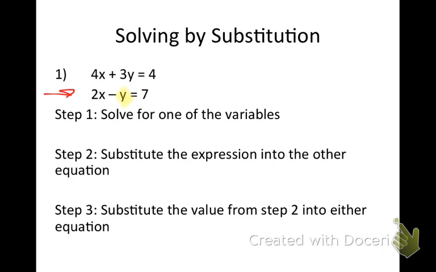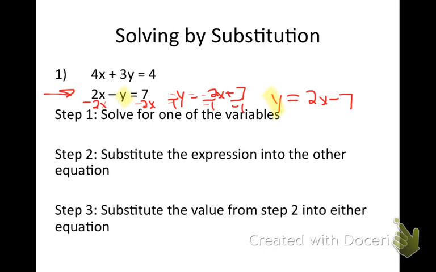So the first thing I'm going to do is subtract 2x to the other side. I get negative y equals negative 2x plus 7. But again, I need to get y alone, so I need to divide by what here? I need to divide by negative 1. Y equals 2x minus 7. Does everybody see that?